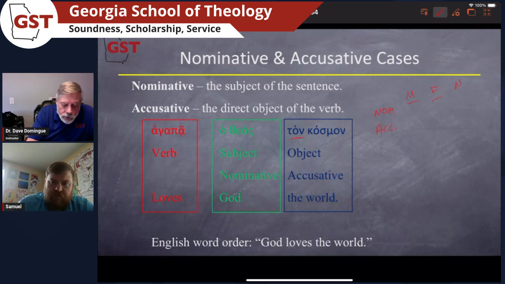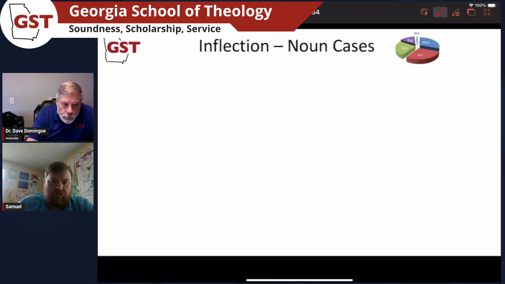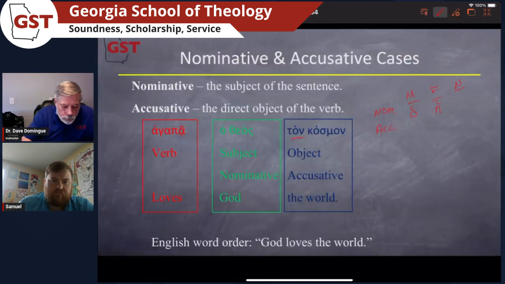What's the article for masculine? Nominative masculine is ho. What about feminine? He. Okay. What about neuter? To or ton. Go back. What is it? Neuter.